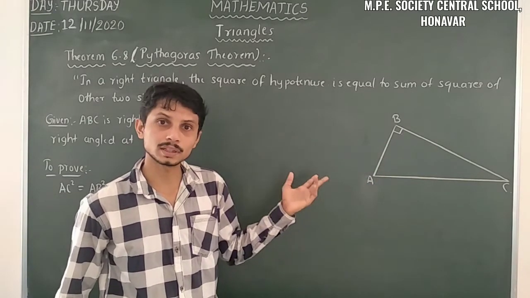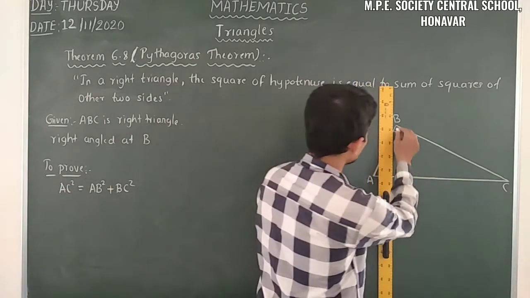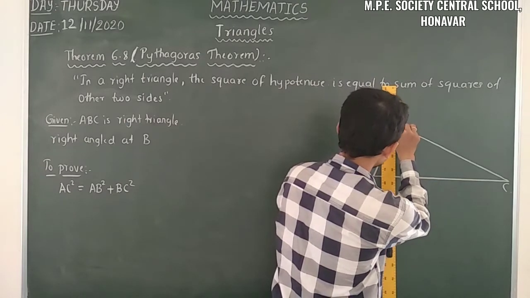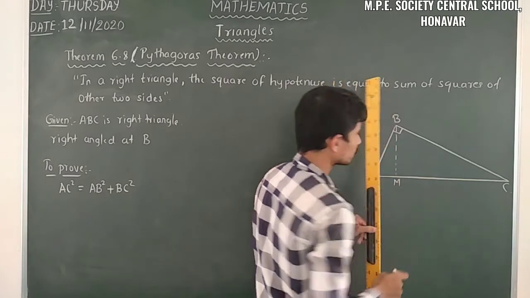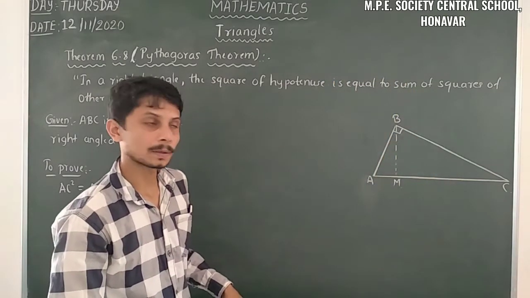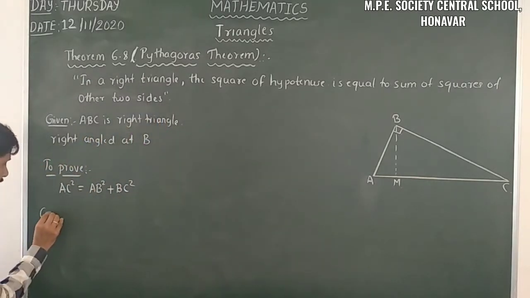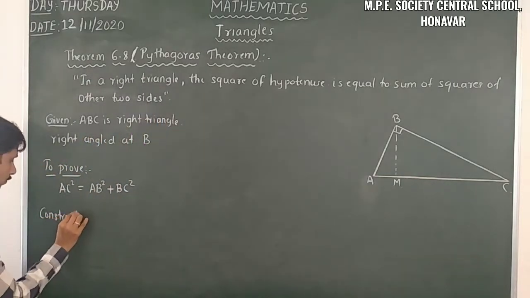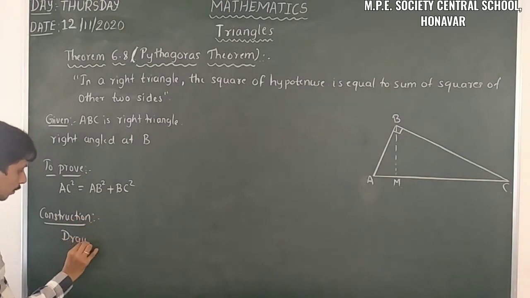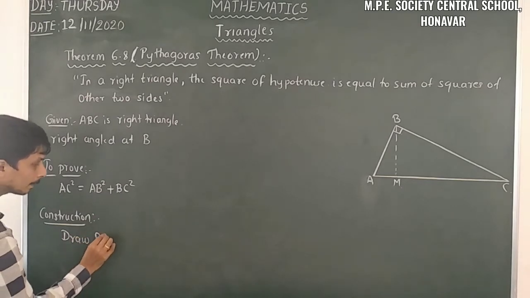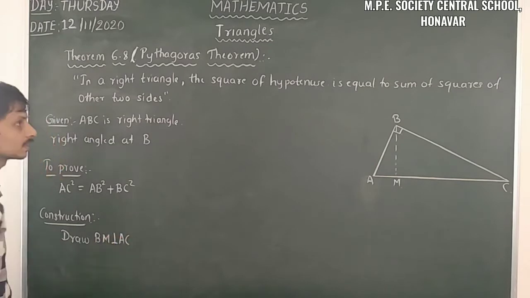So we know that one. That's why we have to draw a perpendicular BM. So draw BM perpendicular to the hypotenuse AC. So here it is a construction.